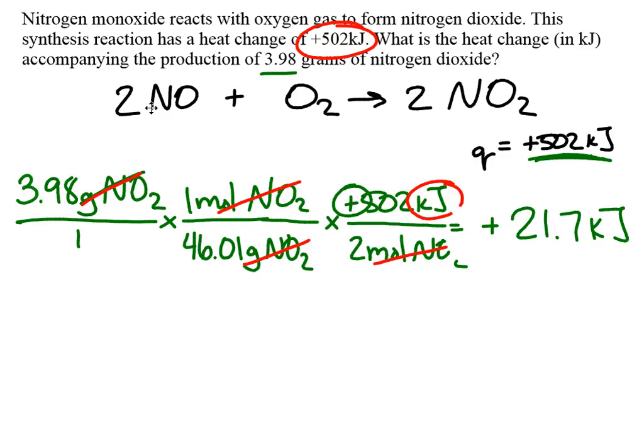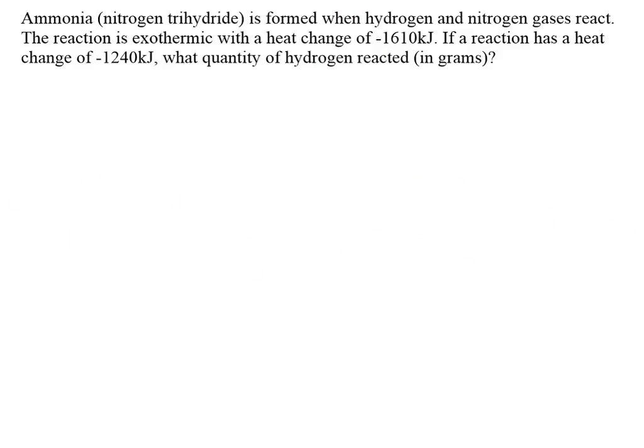So let's try another one. Ammonia, nitrogen trihydride, is formed when hydrogen gas and nitrogen gas react. The reaction is exothermic with a heat change of negative 1610 kilojoules. If the reaction has a heat change of negative 1,240 kilojoules, what quantity of hydrogen reacted in grams? On the last one, I went from grams to energy. Now I'm going to go from energy to grams.